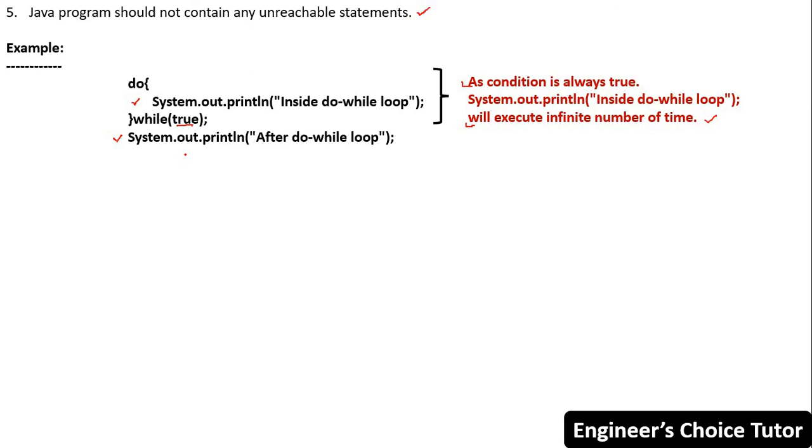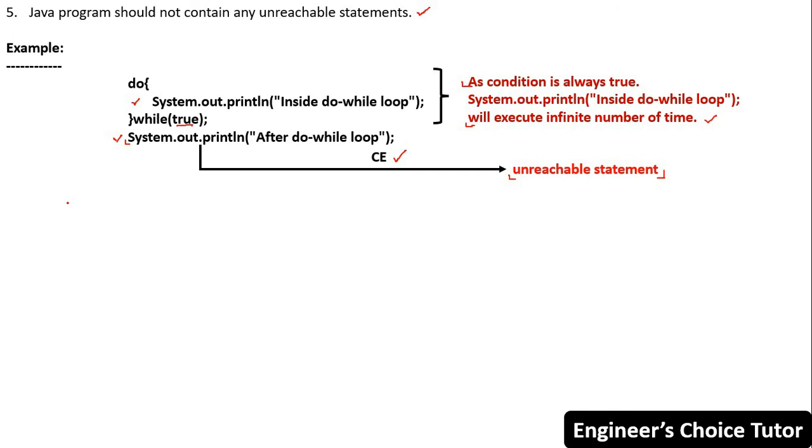So this thing the compiler will check, and the compiler will throw an error that hey, this statement is an unreachable statement. Even if I don't give the compile time error, the JVM is not able to execute this line, because it is unreachable. Clear with this thing?